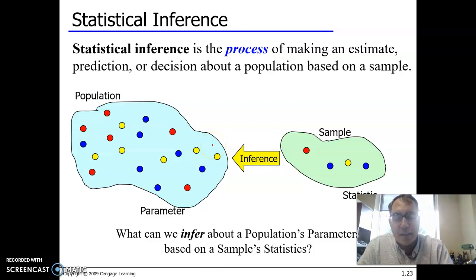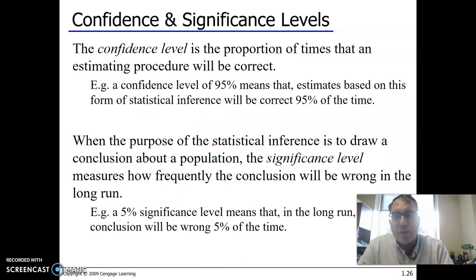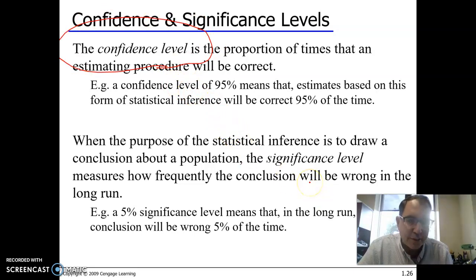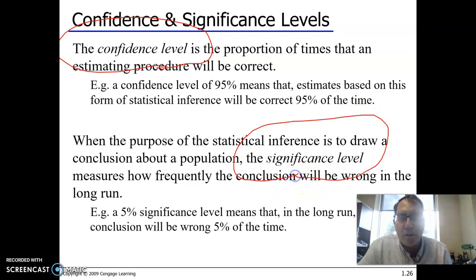When we do that, a couple other terms are confidence level and significance level. Confidence level is the percentage of times that an inferential technique will be right in the long run. Significance level is the percentage of times it'll be wrong. Usually confidence level is in the 90s. Actually, it should be in the 90s.